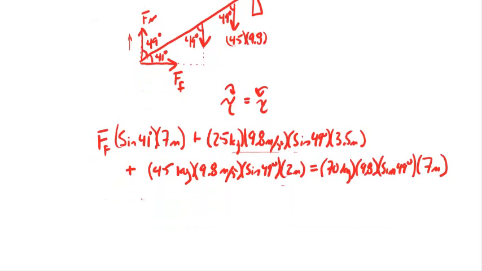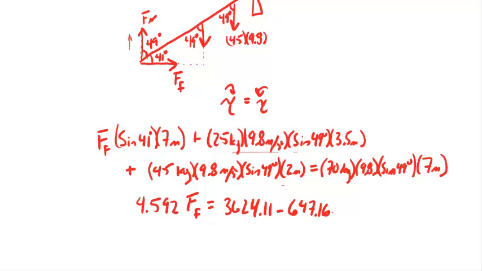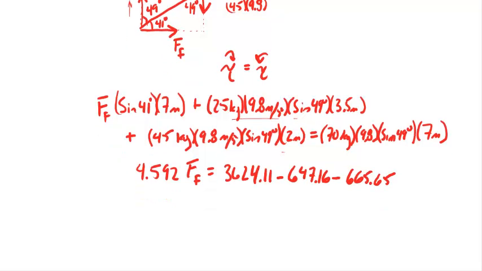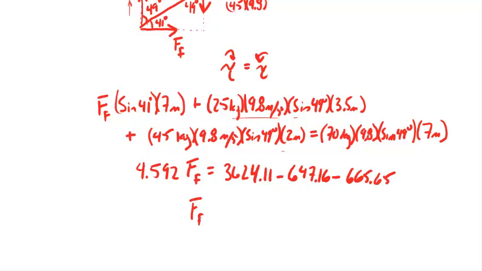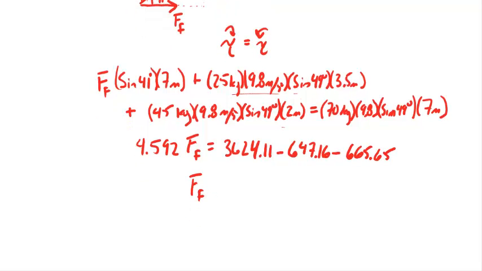So if I simplify things here a bit, I get 4.592 times force of friction is equal to 3,624.11 minus 647.16 minus 665.65. And if I solve for force of friction, that works out to 503 newtons.